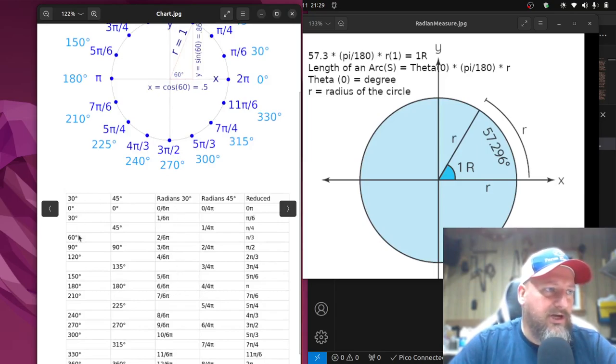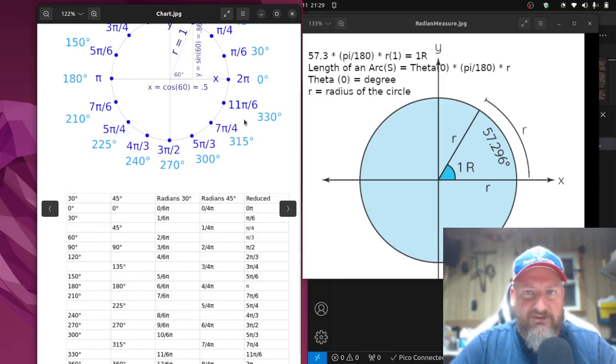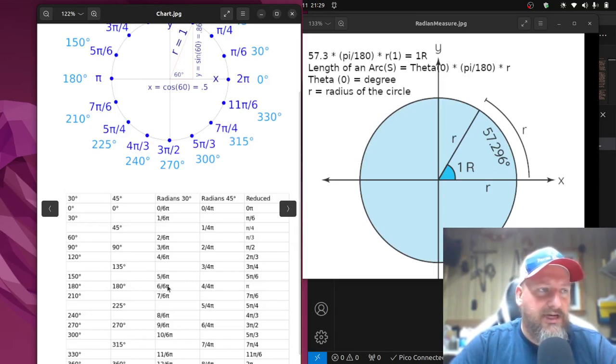I did this in 30s instead of 60s, so that's why I'm going to have to change it here and tell you. This would actually be 3 over 3 pi, because there are 3 of the radian on the half moon. And the other 3 on the other side, from 180 to 360, would be 180, 240, 300, and then 360. So that would be our other 3, but right now that would be 3 over 3 pi, which would reduce down to pi.